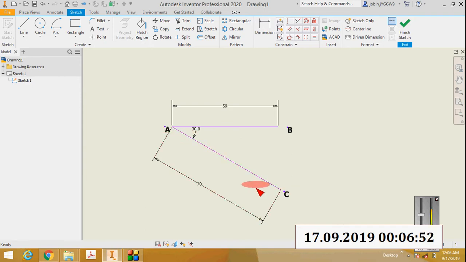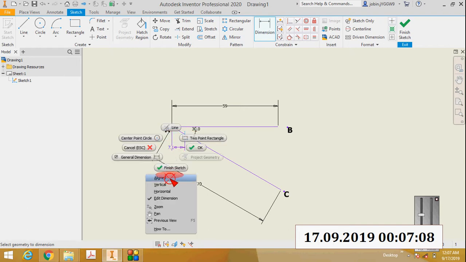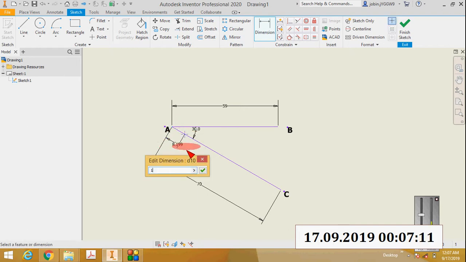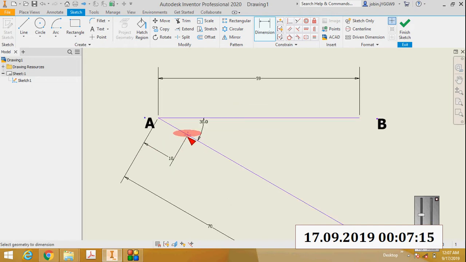Then you can divide this AC into 7 equal parts, because you know this length is 70 millimeter, so you can divide this into 7 equal parts of 10 millimeter each. So this distance is 10 millimeter, and name this point as 1 dash.